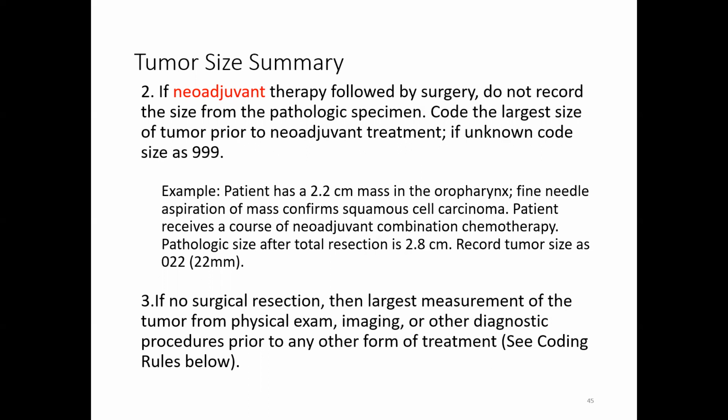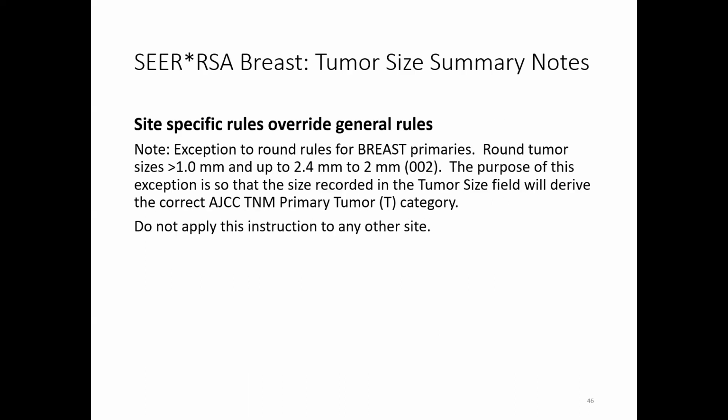If there's no surgical resection, then the largest measurement of the tumor from the physical exam, imaging, or diagnostic procedures prior to any form of treatment is the size that you will use. Again, the tumor size summary rounding rule, there is a specific exception. And so this is the same exception for all three of these fields.